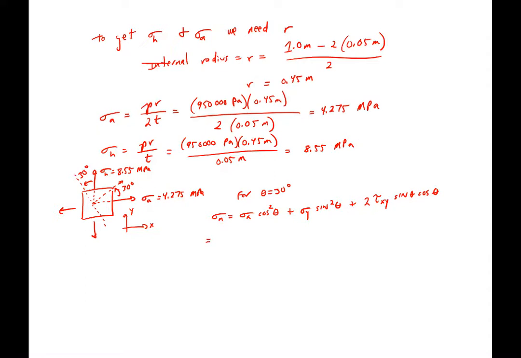Our sigma x in this case is 4.275 megapascals, times cosine squared of 30 degrees, and our sigma y is 8.55 megapascals times sine squared of 30 degrees, and we have 0 shear stress, so that last term is 0. If we do that calculation, we've got 5.34 megapascals, and that's the stress normal to the weld.